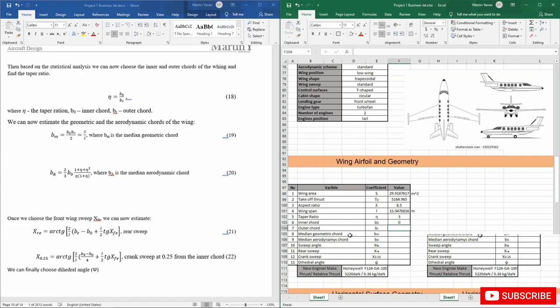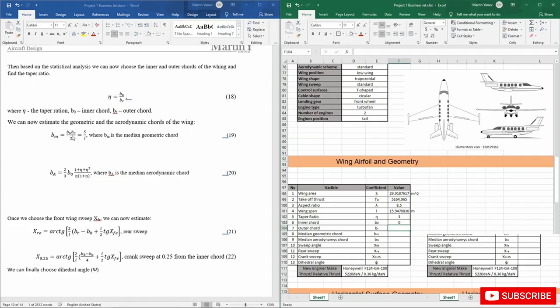But how are we gonna find the outer chord? Well, here it's a little bit tricky, but I will explain in the best way. As you can see, we can find this by using the medium geometric chord, which is our chord in the geometric middle of our wing, okay.